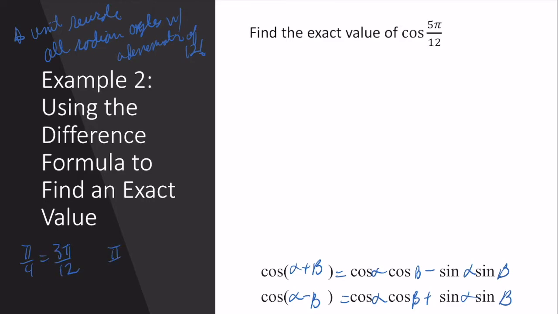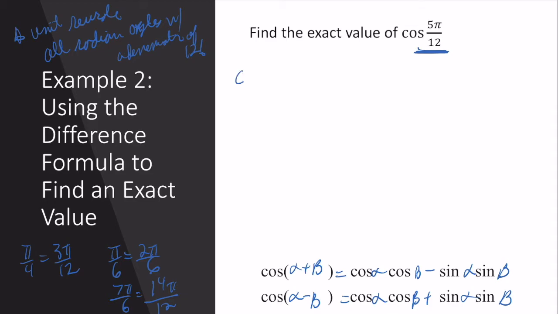If I had pi over 6, I rewrote that as 2 pi over 12. And I did that for every single one. Like if I had 7 pi over 6, I rewrote that as 14 pi over 12, right? So I just took every radian angle and rewrote it over 12, because then it makes it easier to see where two angles could add or subtract up to 5 pi over 12.